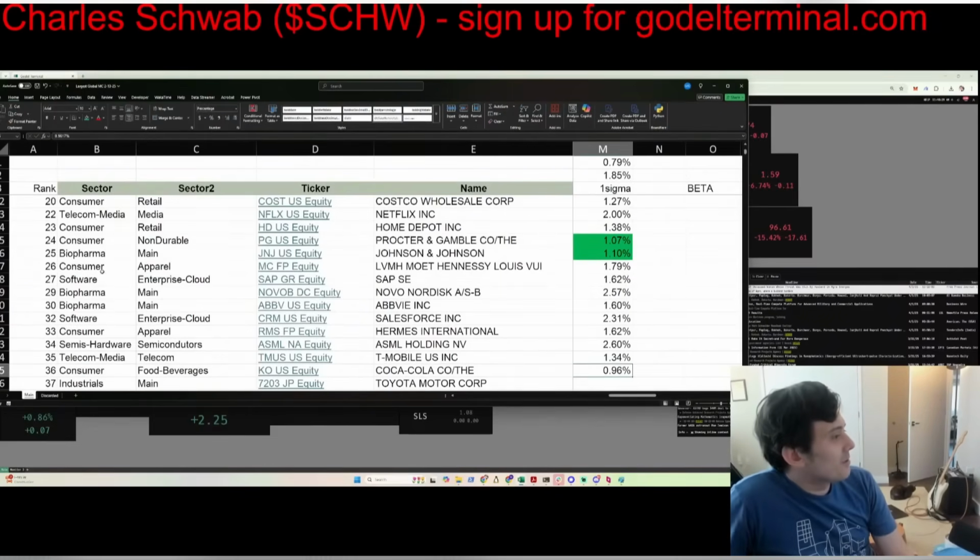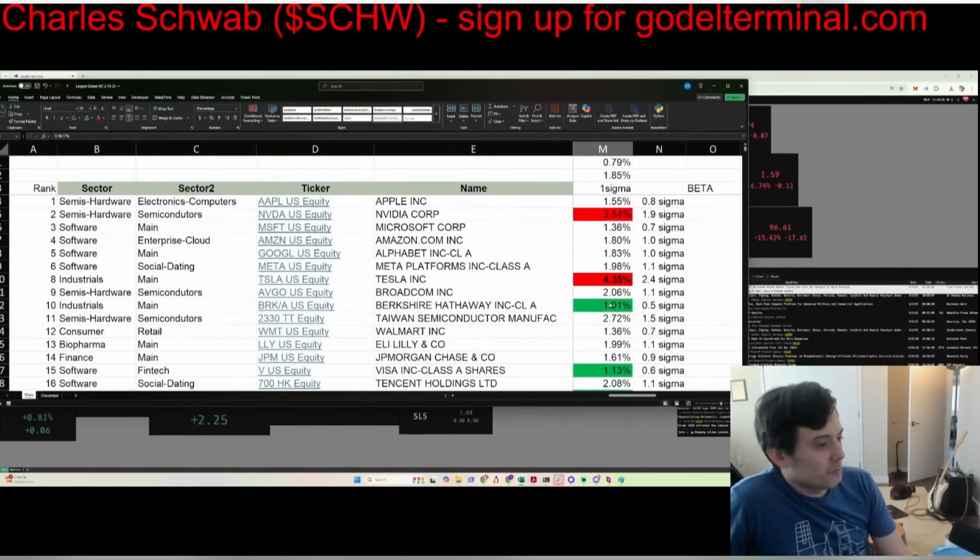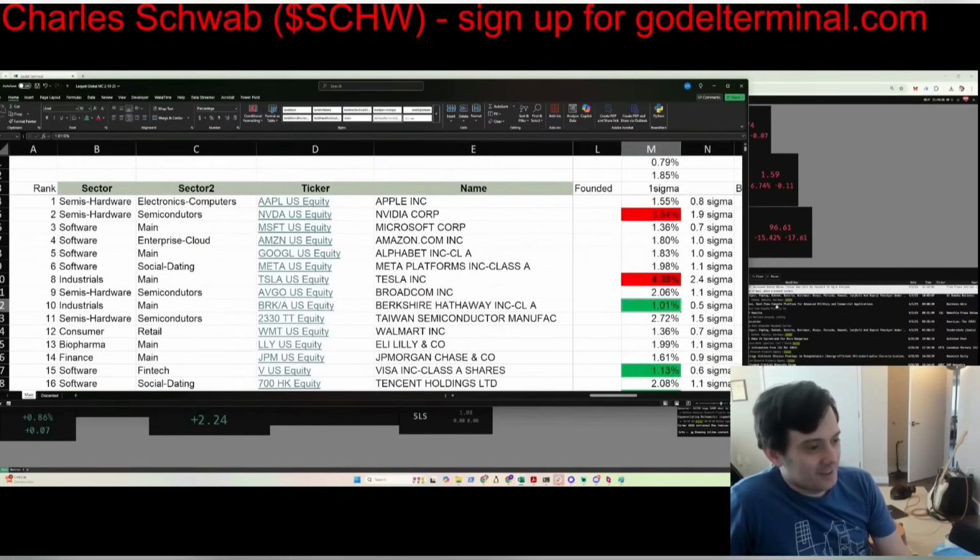Okay, this is the lowest one we've seen. Coca-Cola 0.96, below Berkshire Hathaway. The only stock more boring than Berkshire.